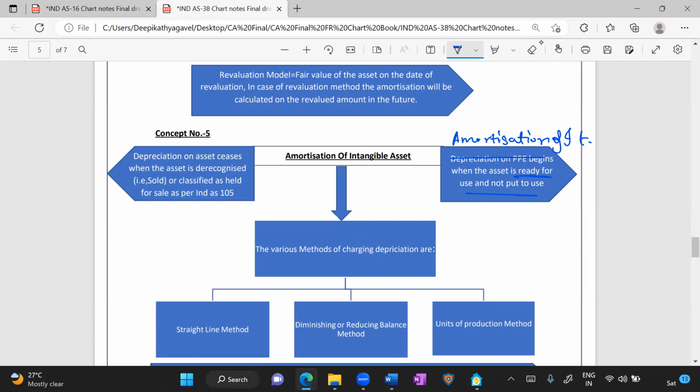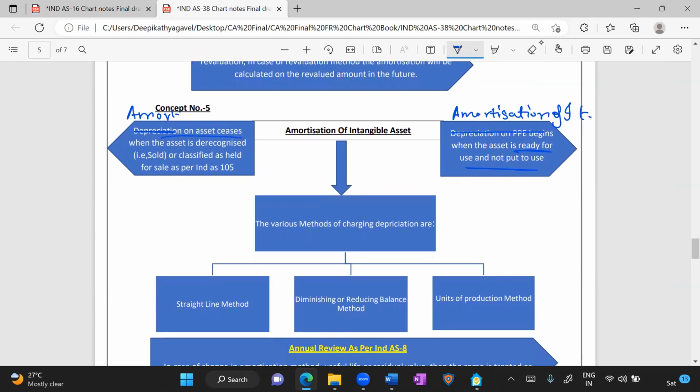And amortization on the asset will cease when the asset is either derecognized, that is the asset is being sold, or it is being classified as held for sale under Ind AS 105. Under these two situations, the asset ceases to amortize, right?